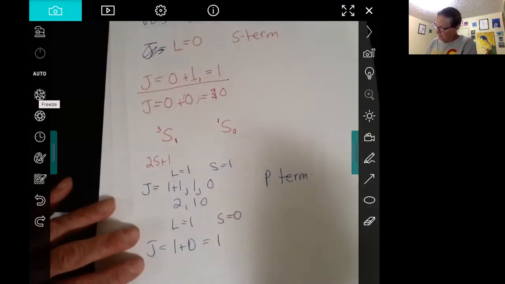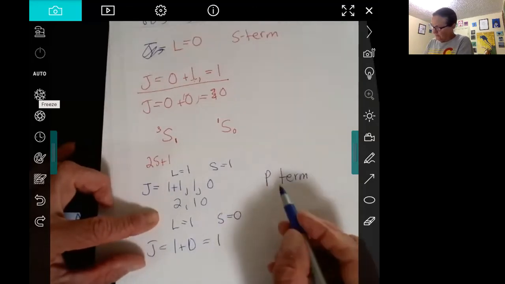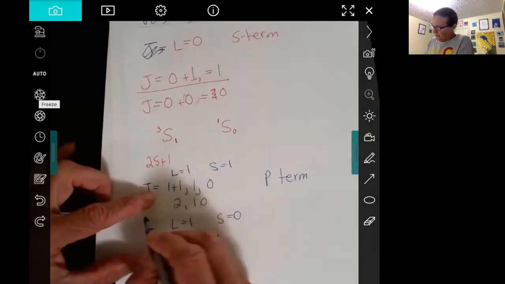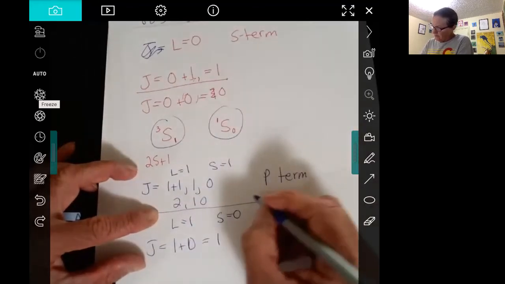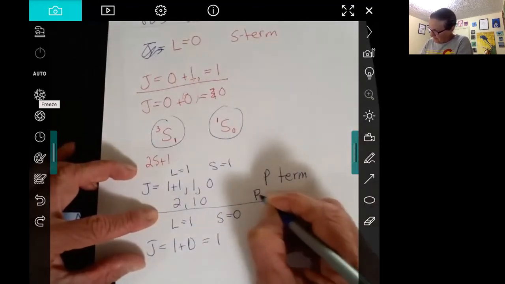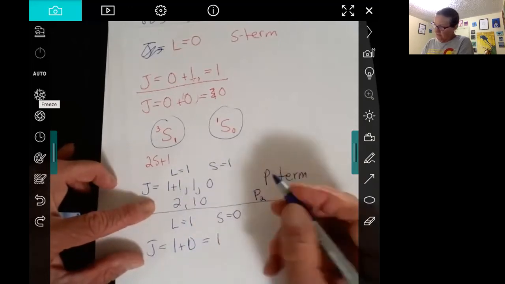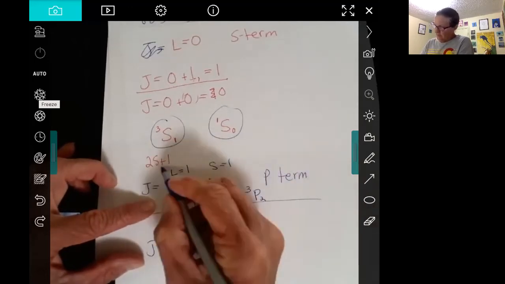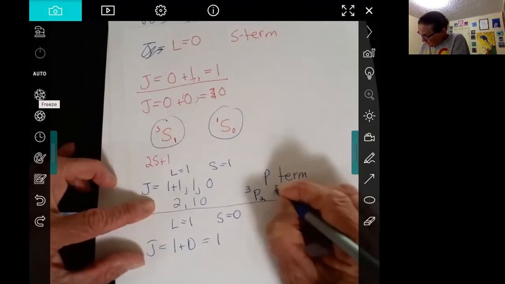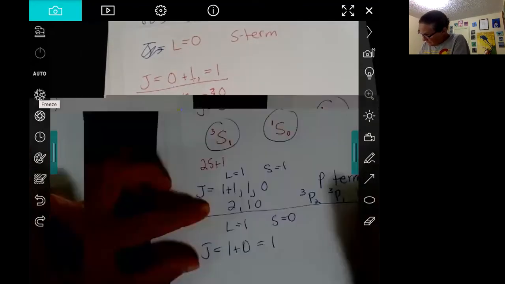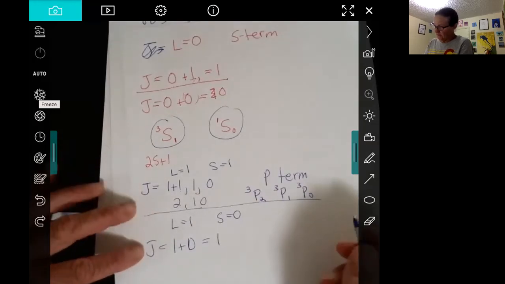So that means for my P terms, I have a few of them. Here are my S terms, and the P terms I get here would be P2, and I'm coupling with an S of 1. So that means 2 times S plus 1 is the triplet. And then I'll have a P1 that's a triplet and a P0 that's a triplet, because the J is the subscript for the total angular momentum.